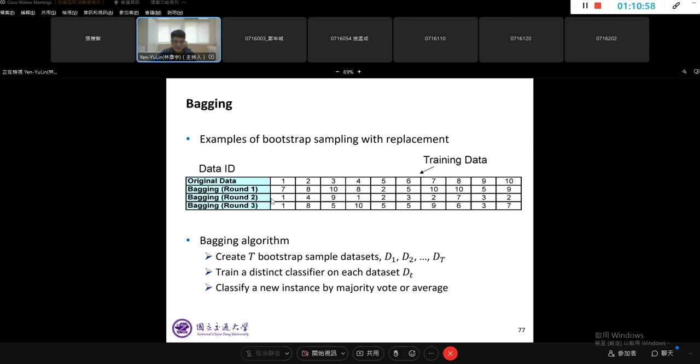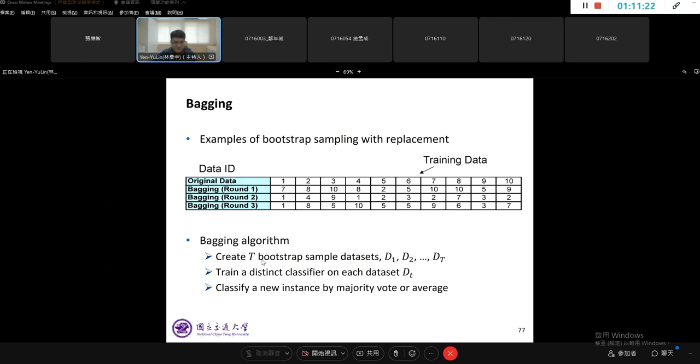And the process can be repeated several times. In this case, we repeat the process 3 times. So we have 3 different versions of D prime. Okay, so this is the simple process of bagging.